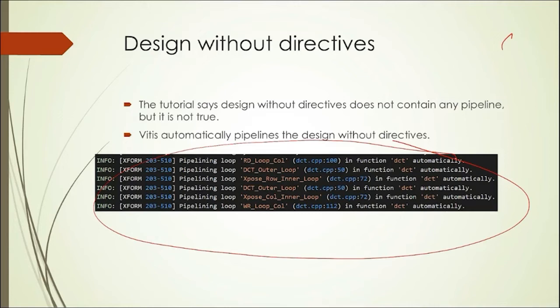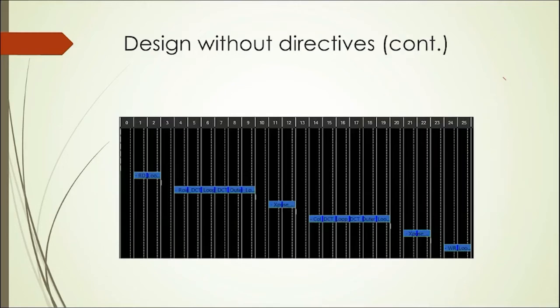Okay, so let's take a look at how this design works. This is the design without the directive, and this is the schedule viewer. You can see there are lines aligned on all functions, which means it is pipelined.